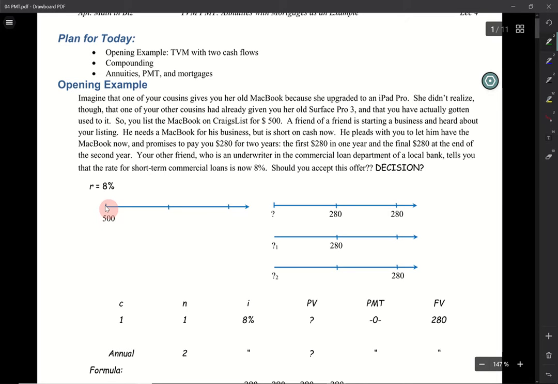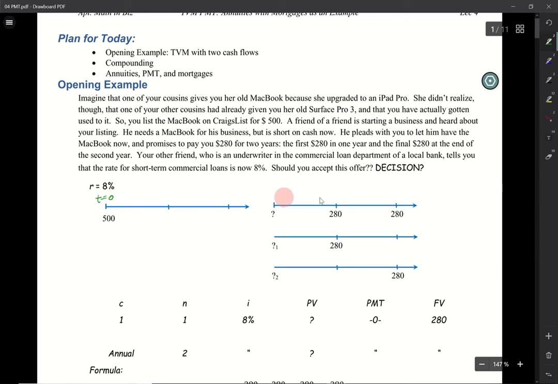Sometimes, when you're trying to get your head around things, you can try to draw a cash flow diagram. So one cash flow diagram would be the $500 at t equals 0. That's kind of what you had in mind. You thought that you would trade off the laptop and get $500 today.